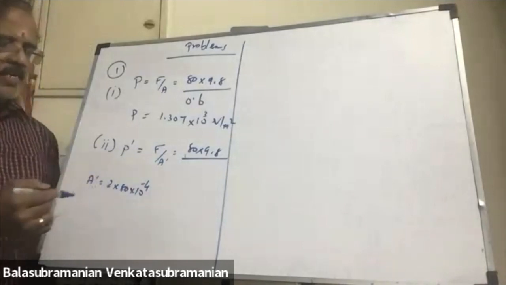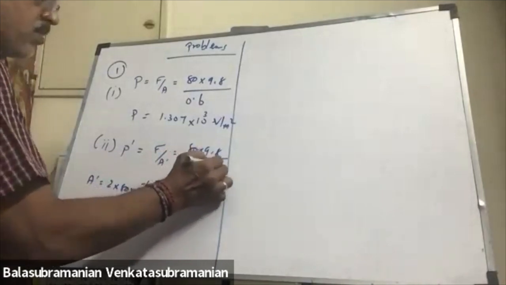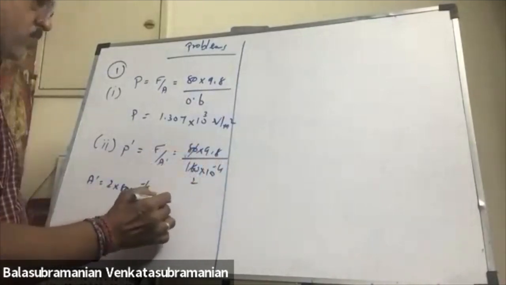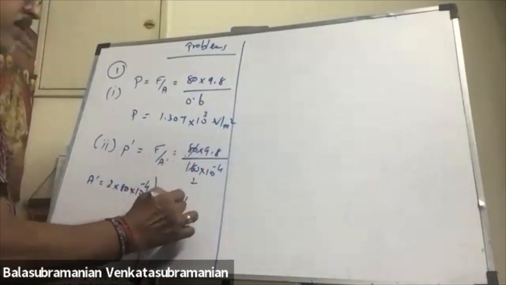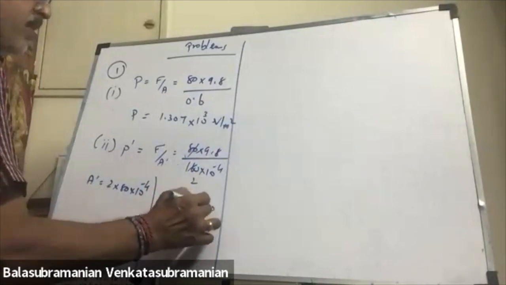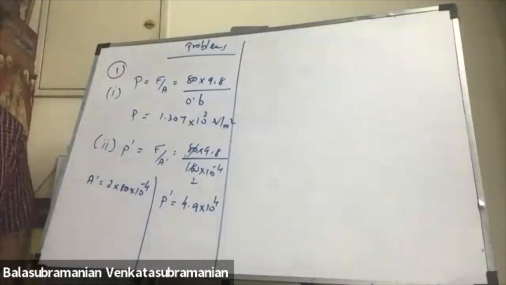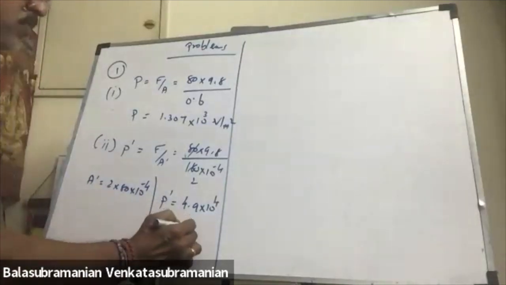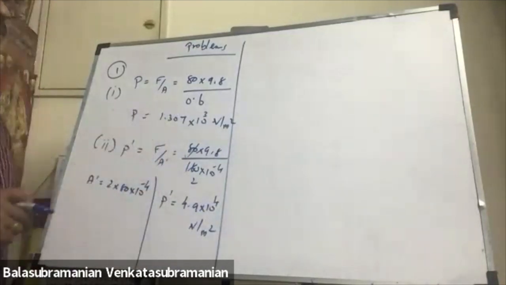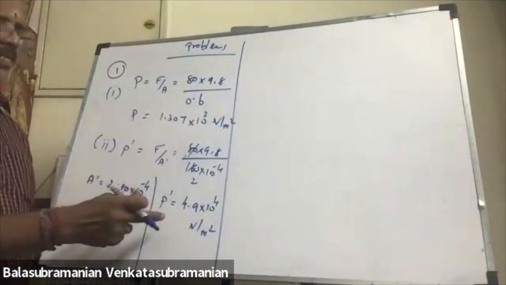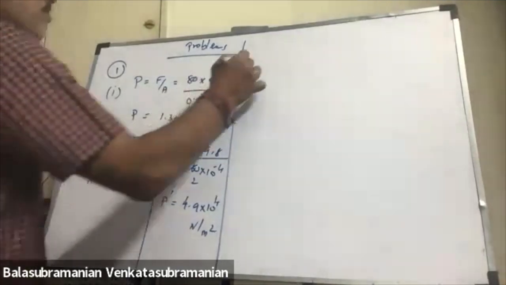So 2 into 80 is 160 into 10 power minus 4 meter square. P dash will be 9.8 by 2, 4.9 into 10 power 4 Newton per meter square, of course. That is 49 into 10 power 3, compared with 1.3 into 10 power 3 when lying. So, second.